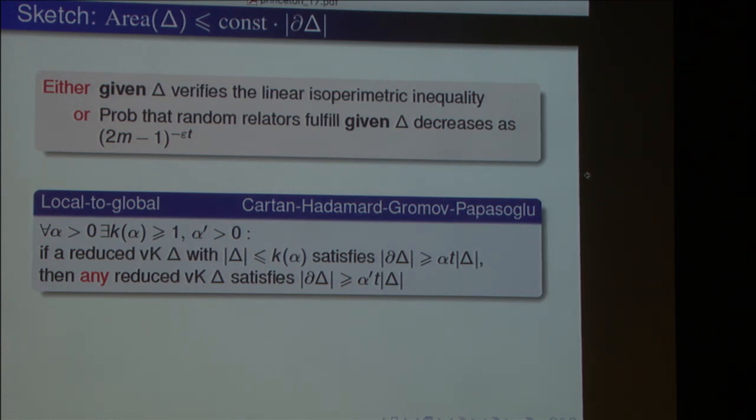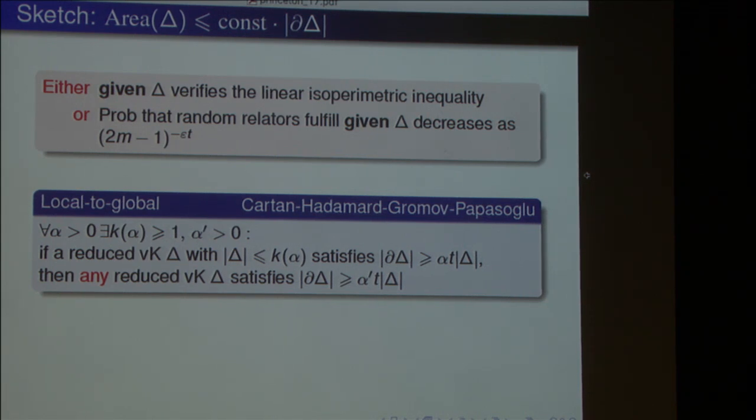Okay, so the constant changes, but the isoperimetric inequality remains linear. So for given alpha, we will find some constant such that it's enough to check finitely many diagrams for our linear isoperimetric inequality. Finitely many, exactly with this bound on the number of faces.